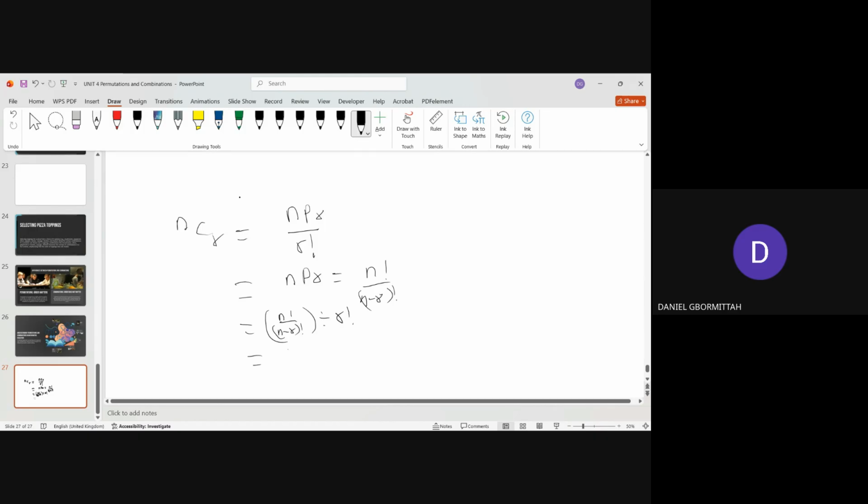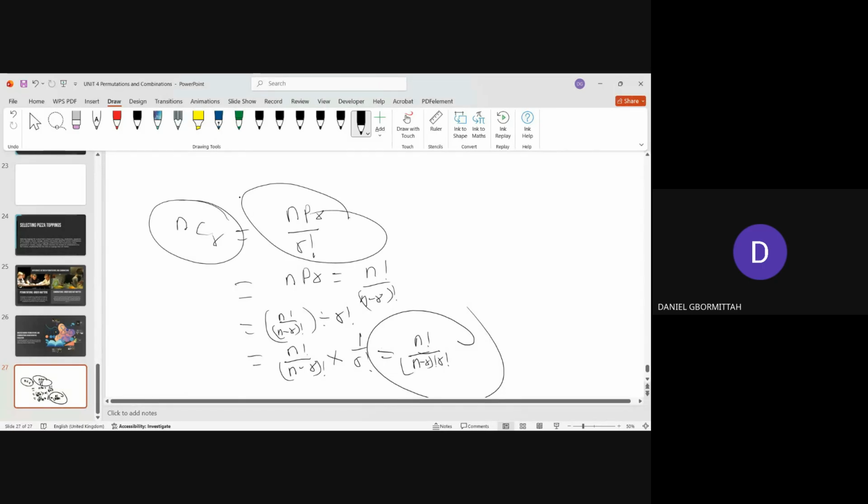So at the end of it all, this is the same as n factorial divided by n minus R factorial times 1 divided by R factorial. That brings it to n factorial divided by n minus R factorial times R factorial. So the proof is true.